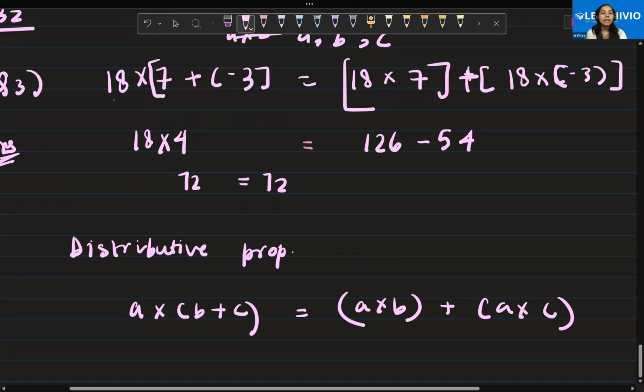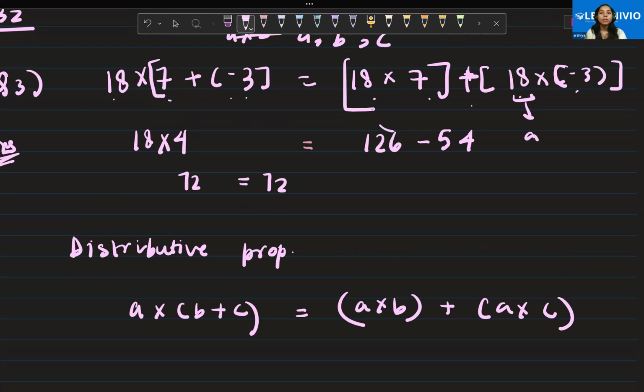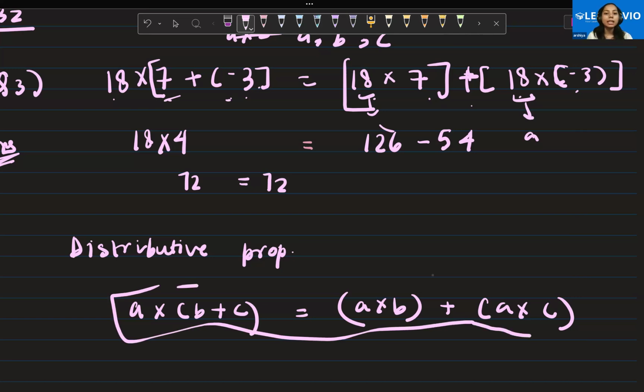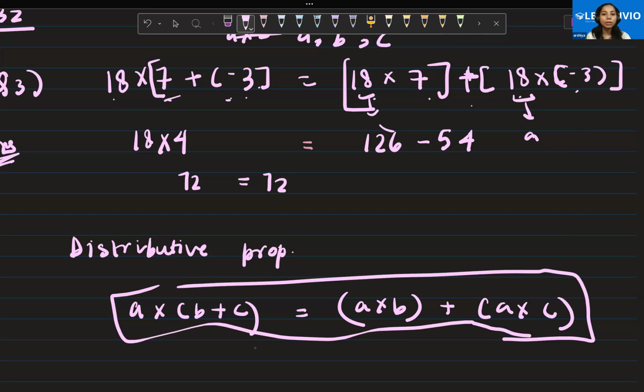So 18 is A. A into (B plus C) is equal to A into B plus A into C, right? 18 will be A because this is common, and 7 can be B, 3 can be C. So without even solving, you can tell that these two will be equal, because this is according to the distributive property.